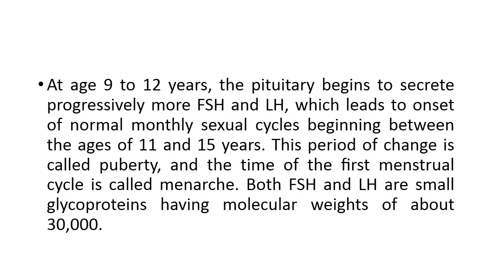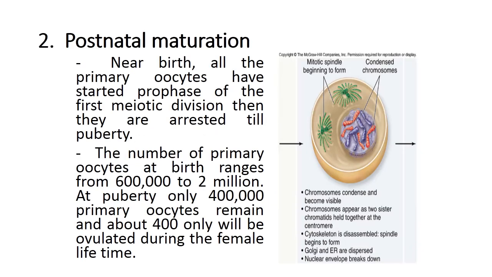Both FSH and luteinizing hormone are small glycoproteins having molecular weights of about 30,000, and the secretion of these hormones, follicular stimulating hormone and luteinizing hormone, results in growth of these primordial germ cells.